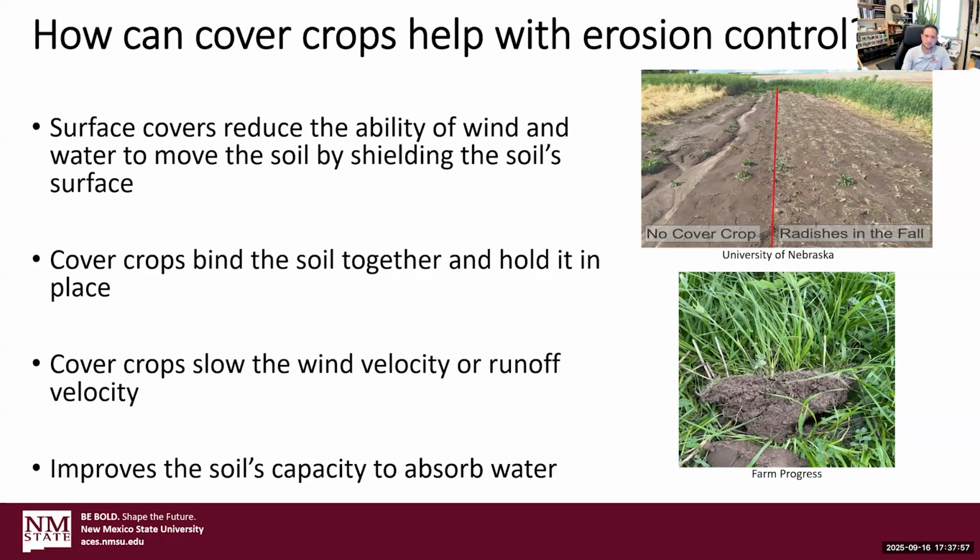You get that nice soil there that's built and held together with that root structure, and so it doesn't allow the wind and the water to sort of wash it out and move that soil around. Crops slow the wind velocity or runoff velocity, and also improve the soil's capacity to absorb water as well.